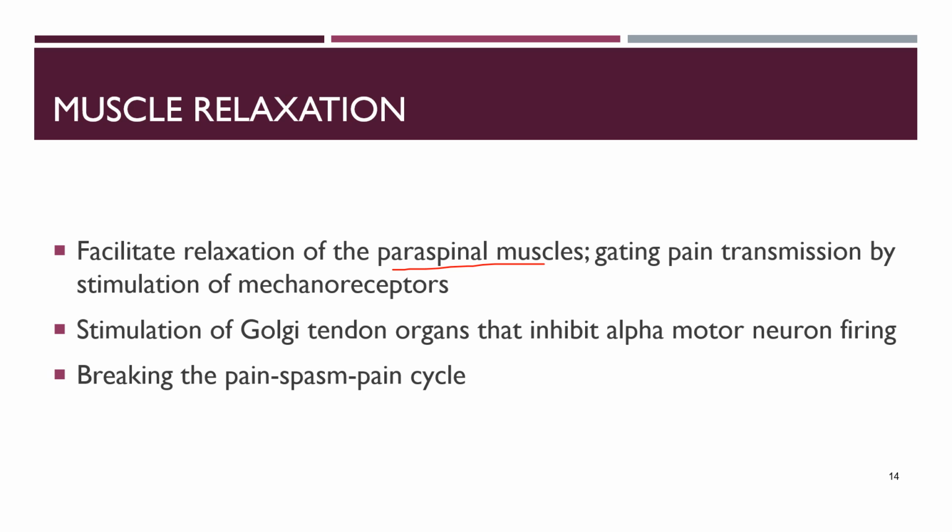So we can use something like intermittent traction where we're pulling, there's an on cycle, releasing, not all the pressure, but some of the pressure on the off cycle. And this is again going to stimulate those mechanoreceptors and essentially gate the pain. So like the gate theory of pain control is something that we can utilize this for.